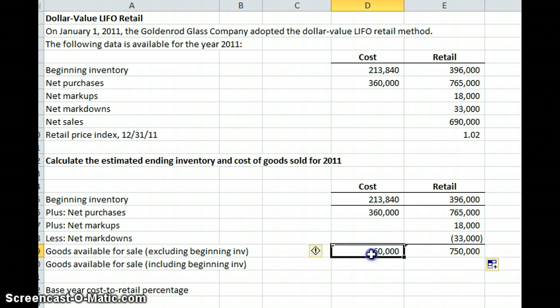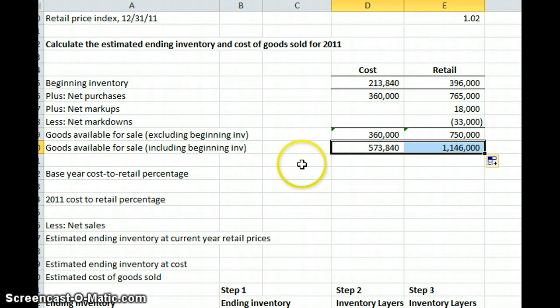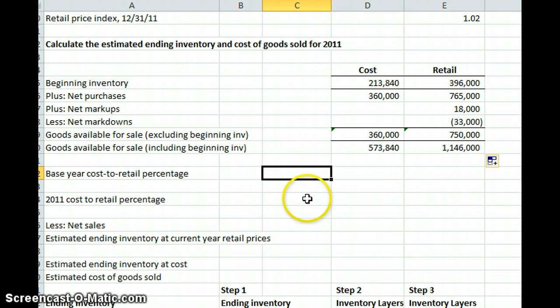Okay, our goods available for sale, including beginning inventory, is going to be equal to our beginning inventory of 213,840 plus our goods available for sale not including it, so 573,840 at our cost, and at retail we are at $1,146,000.